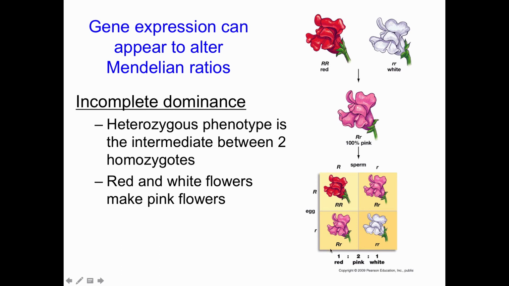So it's still our 1 to 2 to 1 genotypic ratio, and in this case the phenotypic ratio would be 1 to 2 to 1 as well: 1 red, 2 pink, 1 white. So if you see this sort of blending, this third choice, you would think about that being called incomplete dominance.